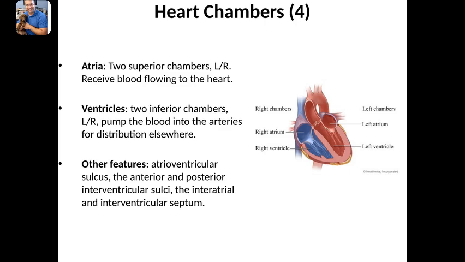Pressure is going to build in the right ventricle, and the blood is going to be ejected through the pulmonary trunk, which has a semilunar valve right at its base, and go through the pulmonary valve into the right and left pulmonary arteries, which are attached to the lungs.